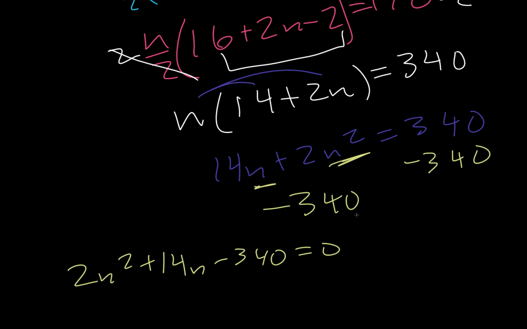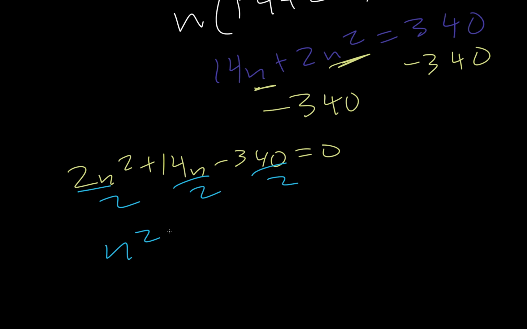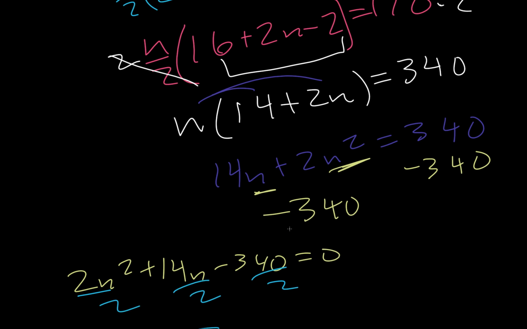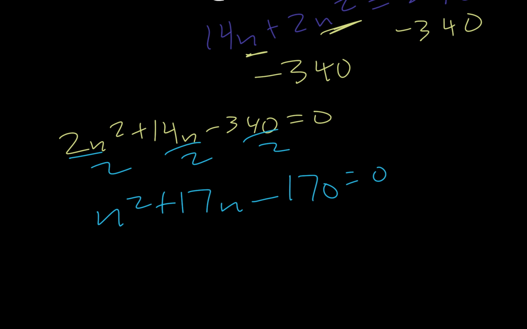Okay. We can divide everything by 2, which will make it a little bit easier. So n squared plus 7n minus 170 equals 0. And then hopefully, this is factorable, so we'll try that.